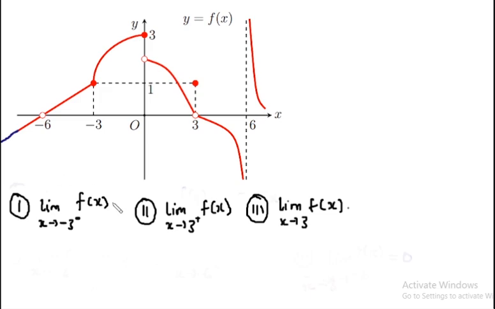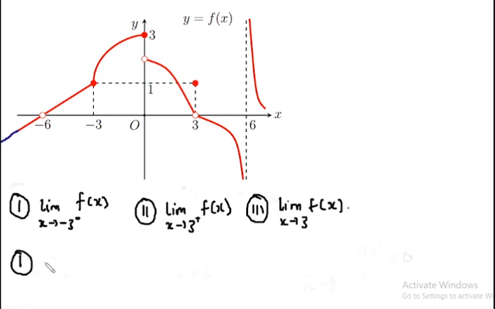So for the second set of examples, you're told to find the limit as x approaches -3 from the negative side. You can pause the video and try to solve this on your own. Like we did before, we are going to be following the graph. We follow the graph from here. As we're getting closer and closer to -3, our y value is getting closer and closer to y.